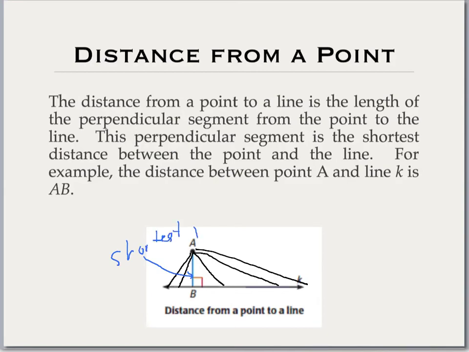Walking straight towards the wall is going to get you there quicker than walking off at an angle. Kind of makes sense. So the measure of that distance is simply the length of that segment. So AB is the distance that you are from that wall. We say the distance from a point to a line, the point being where you were standing and the line being the wall, is always measured perpendicular from the point to the line.